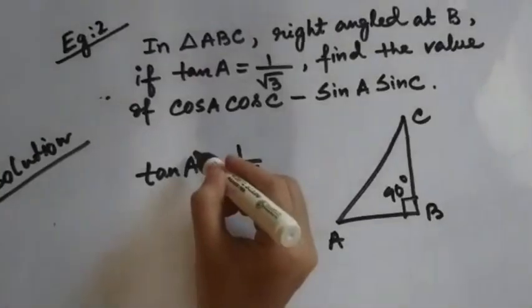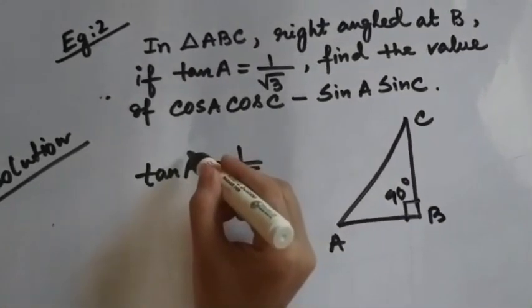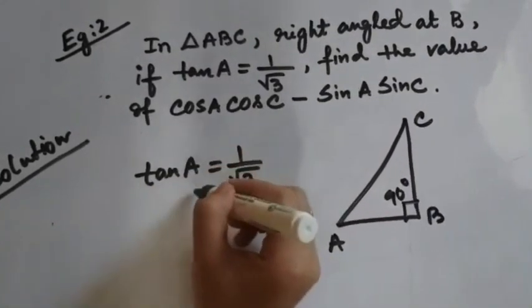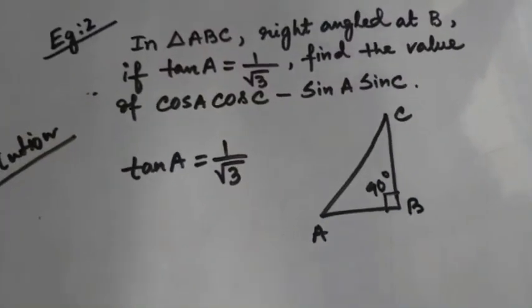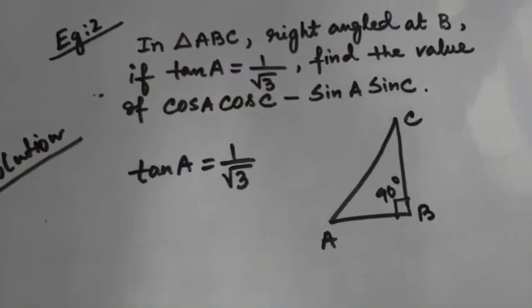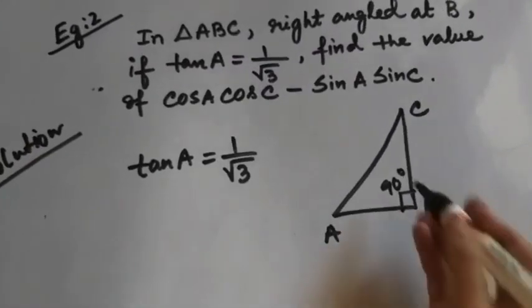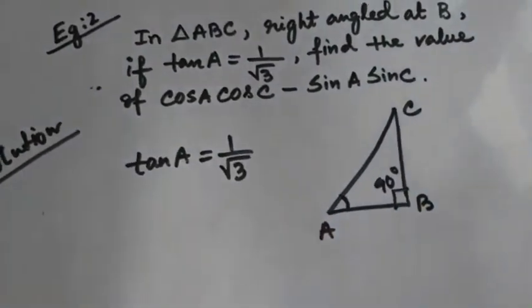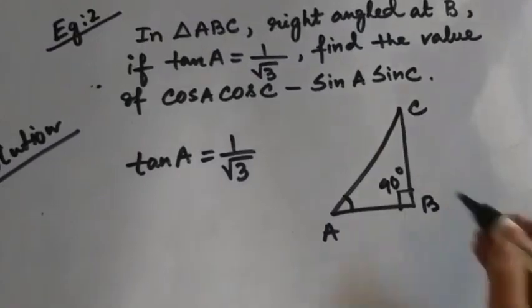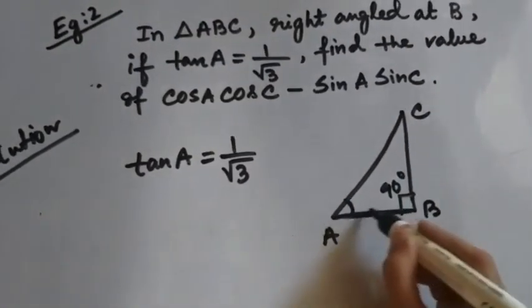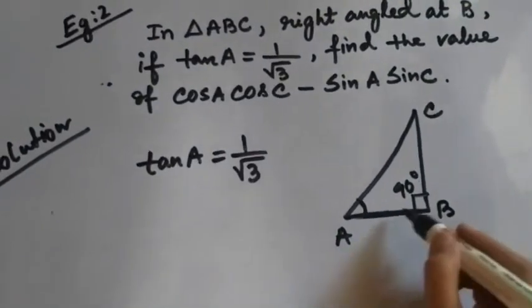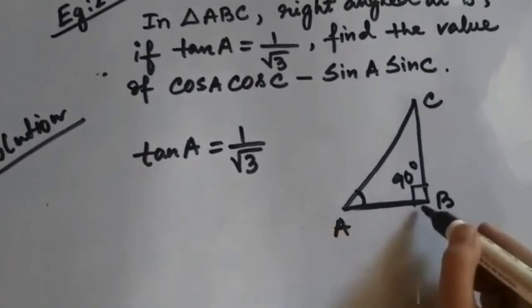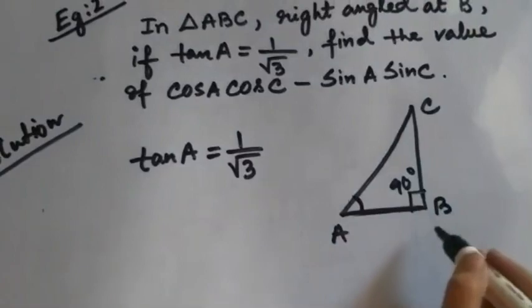Now according to angle A, you have to decide which side will be perpendicular and which side will be base. What is the adjacent side of angle A? This is the adjacent side of angle A and this is the opposite side of angle A, right? That means this side will be base and this side will be perpendicular.